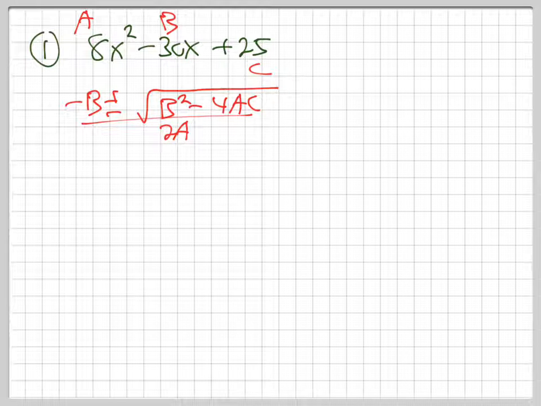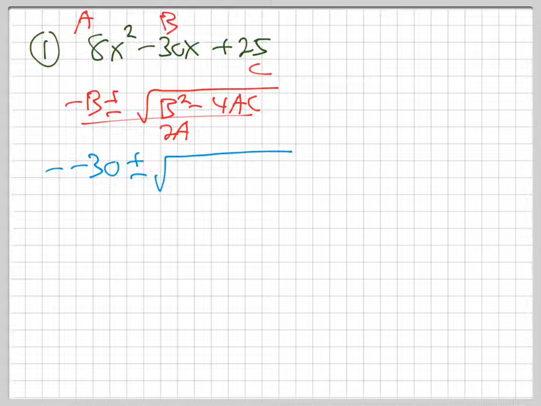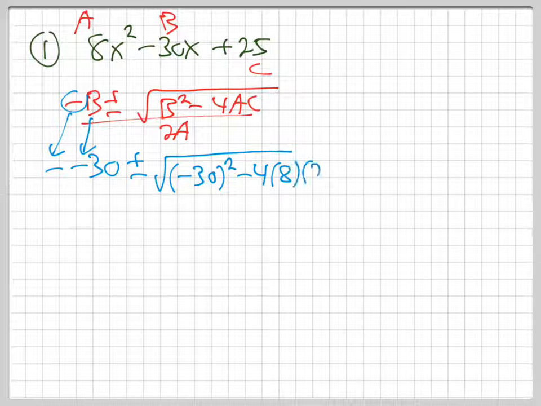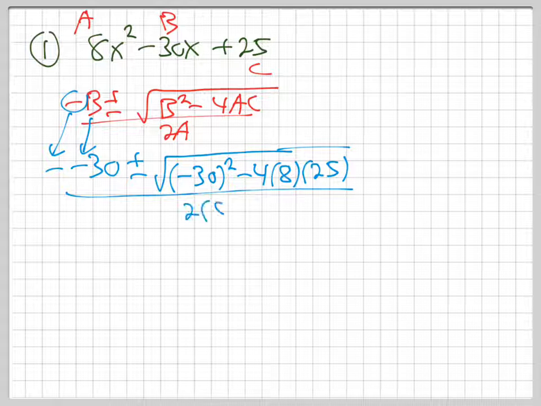So that'll work fine. So just be careful on your signs. Negative 30, right? Negative from the formula, and then negative from the B. B squared, minus 30 squared, minus 4 times A times C, all over 2A.